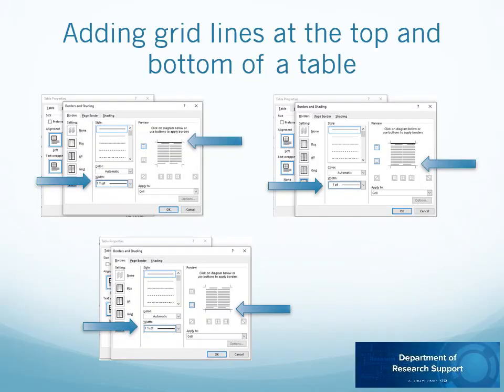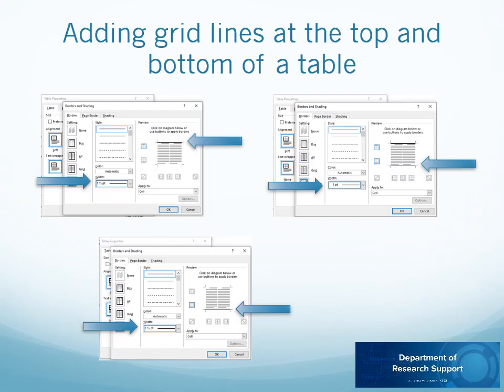Once all grid lines are removed from the table, highlight the column heading row at the top of the table to add horizontal grid lines above and below that row. Once the row is highlighted, right-click in the row, choose Table Properties and Borders and Shading, or use the Table Design tab to reach the Borders and Shading pop-up box.